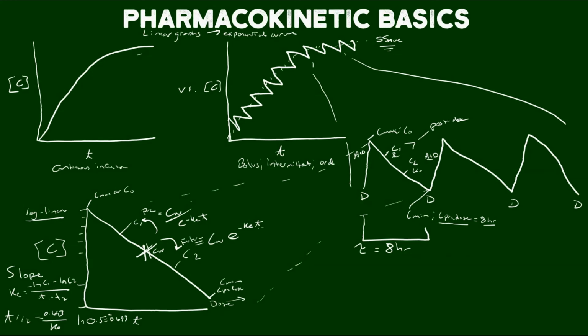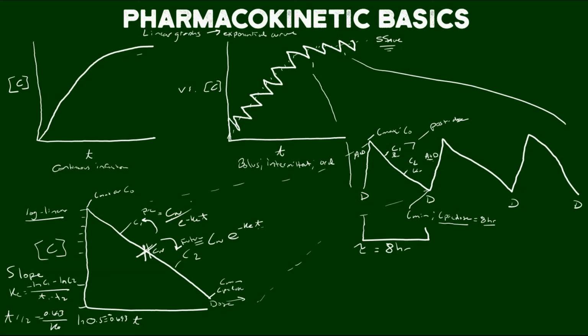So I hope you can see how we've gone from a normal linear graph that has an exponential increase in the drug concentration, how we label different Cmax and Cmin and post-dose and pre-dose concentrations based on a bolus, intermittent, or oral dosing scenario.